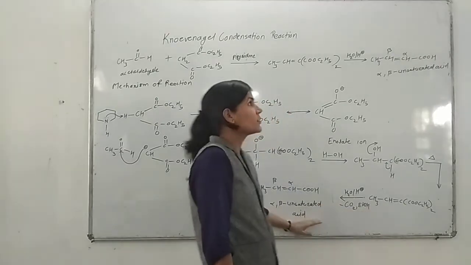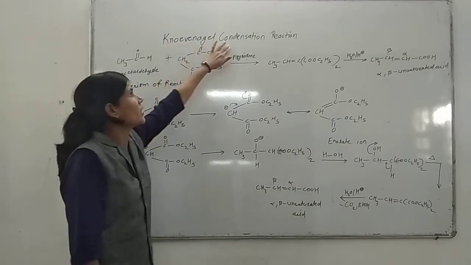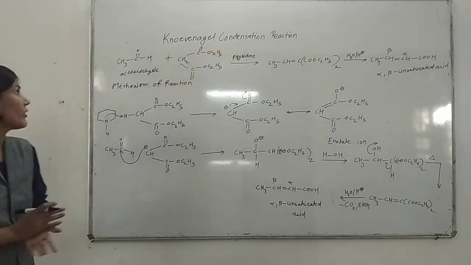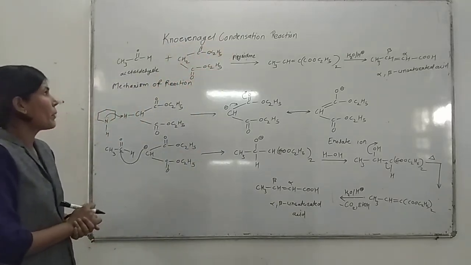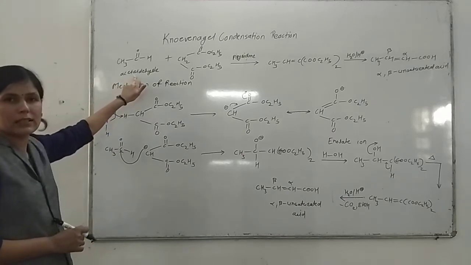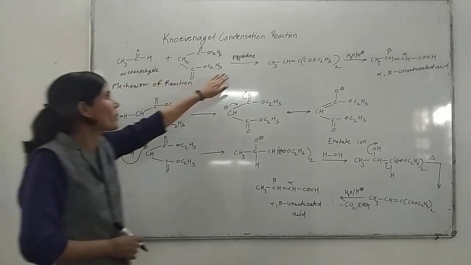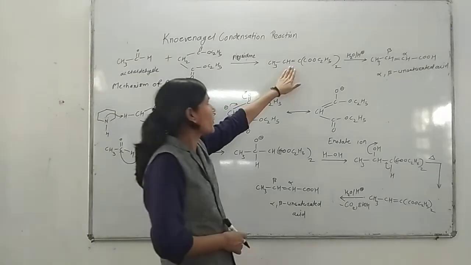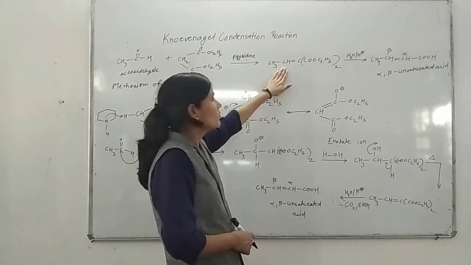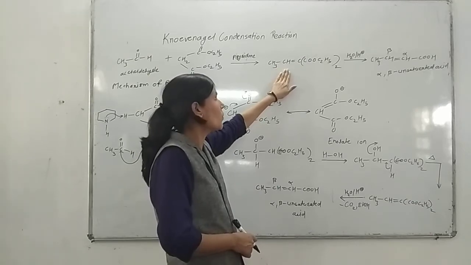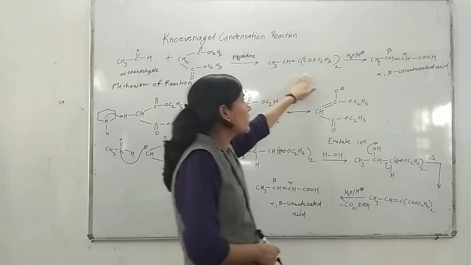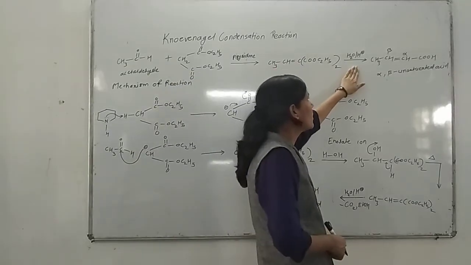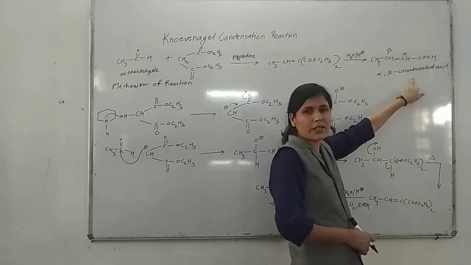Okay, so this is all about the Knoevenagel condensation reaction, in which we react malonyl ester with acetaldehyde in the presence of base piperidine, which results in the formation of an alpha beta unsaturated compound, and these alpha beta unsaturated compounds on acid hydrolysis give alpha beta unsaturated acid.